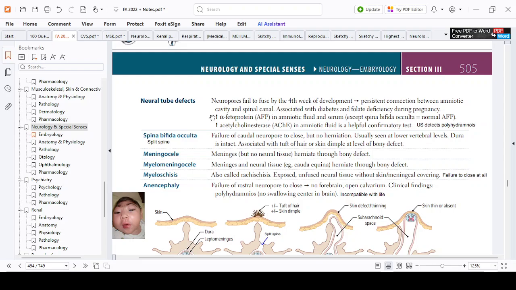So I will give you the concept of how alpha fetoprotein is increased. Basically, alpha fetoprotein is a fetal-specific globulin made by the fetal yolk sac and the fetal liver. Its function is unknown, although it is excreted by the fetal kidneys, and at 16 to 18 weeks we measure the maternal serum level.